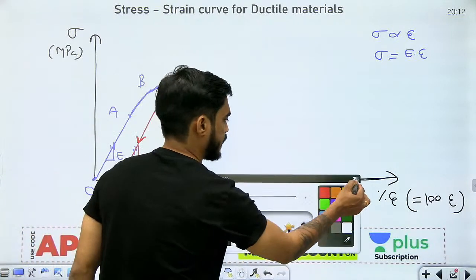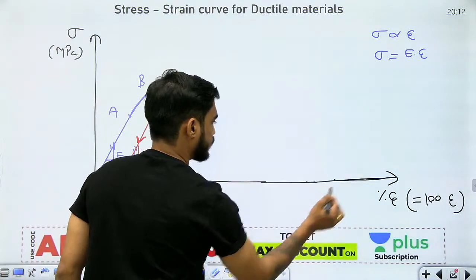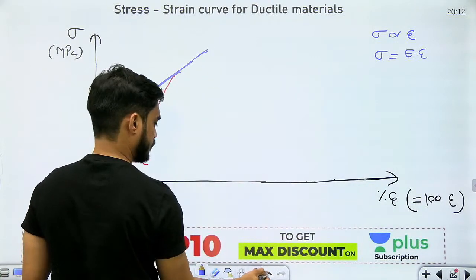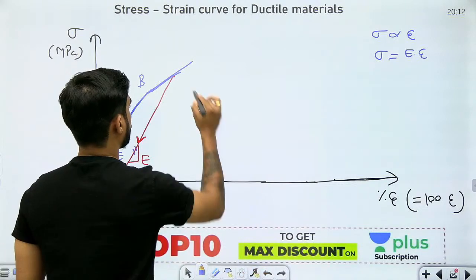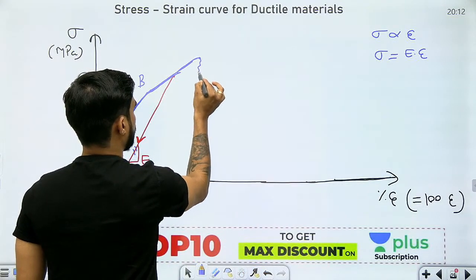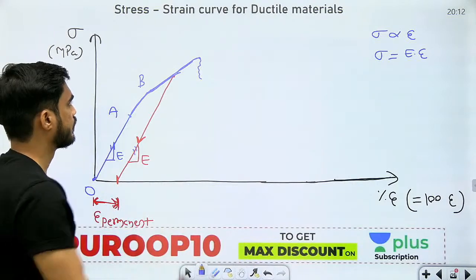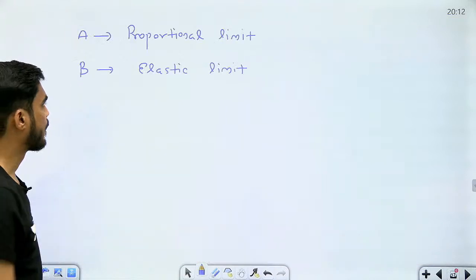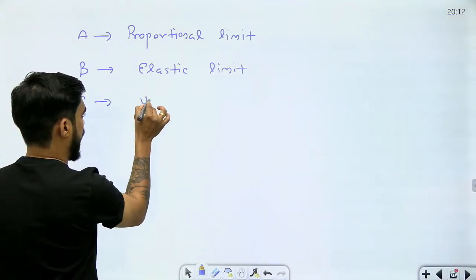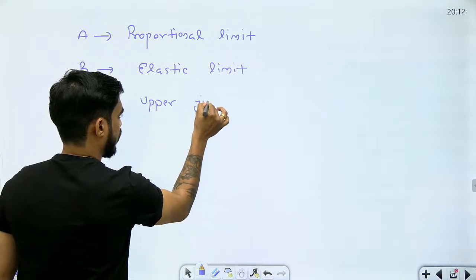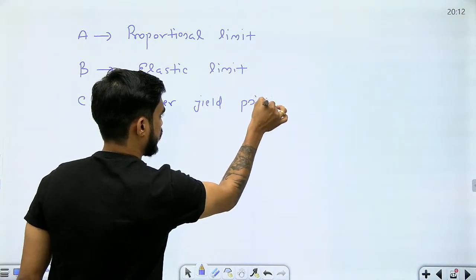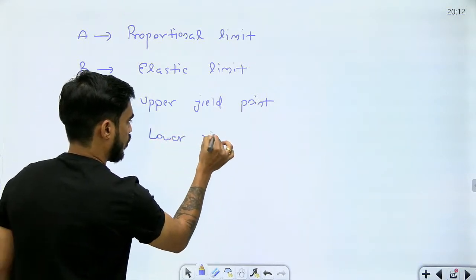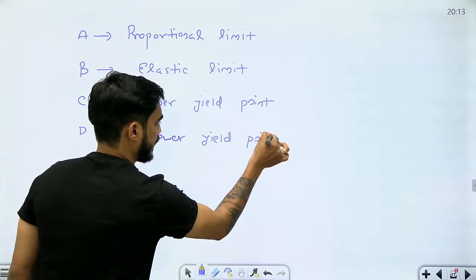Now, let's say we keep on increasing the load. So what is going to happen? This curve will go up to this point, and suddenly it will drop. This is point C and this is point D. Point C is known as the upper yield point and point D is known as the lower yield point.